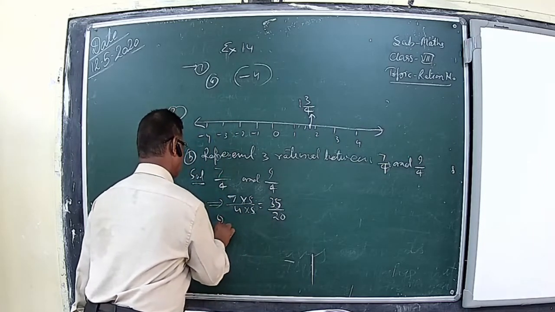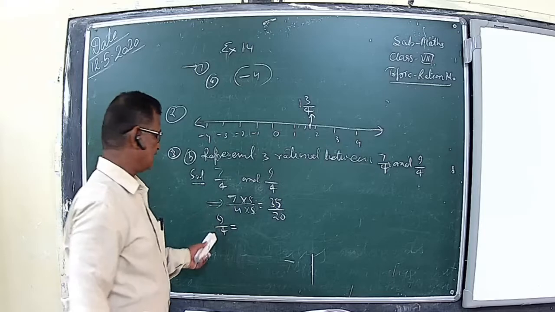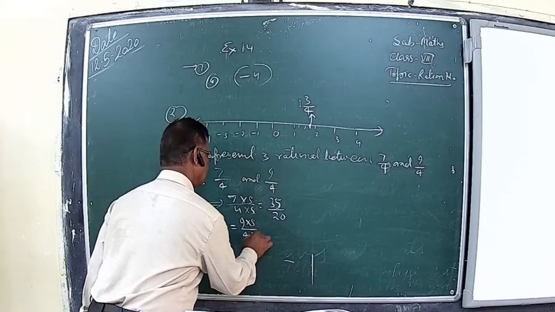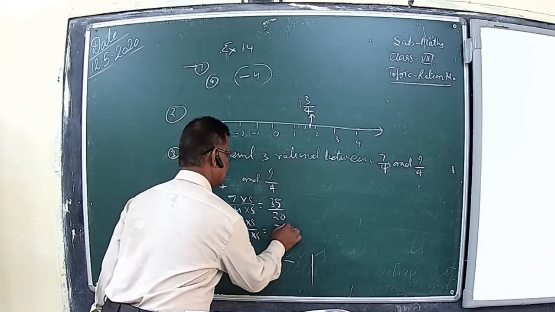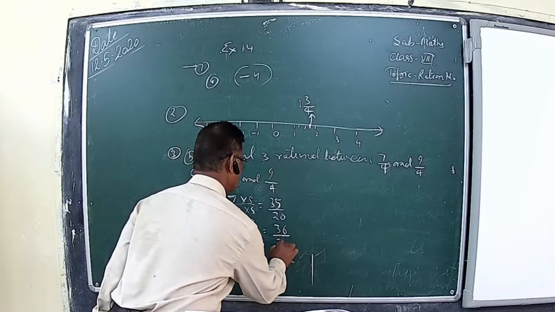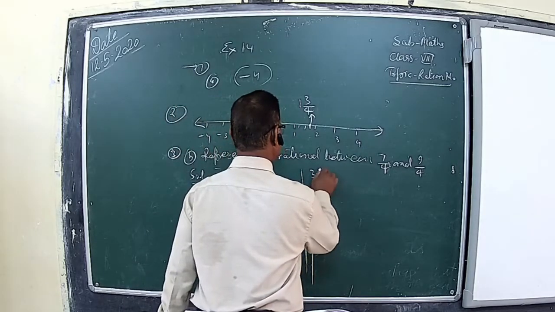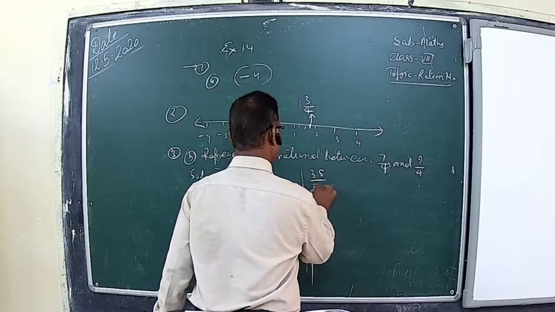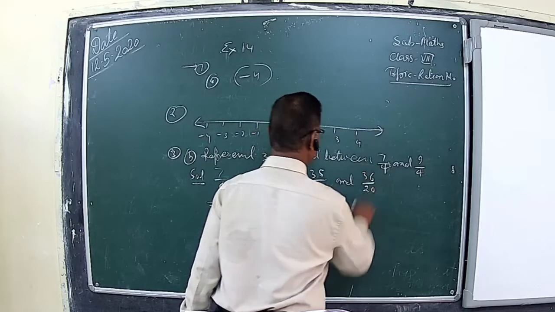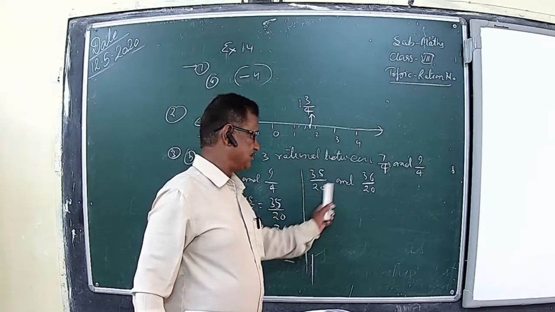And the second rational number 9 upon 4, also multiply by the same number, 9 into 5 and 4 into 5, is equal to 36 by 20. So your equivalent rational numbers are 35 by 20 and 36 by 20. You see here, you cannot get any integer between these two.